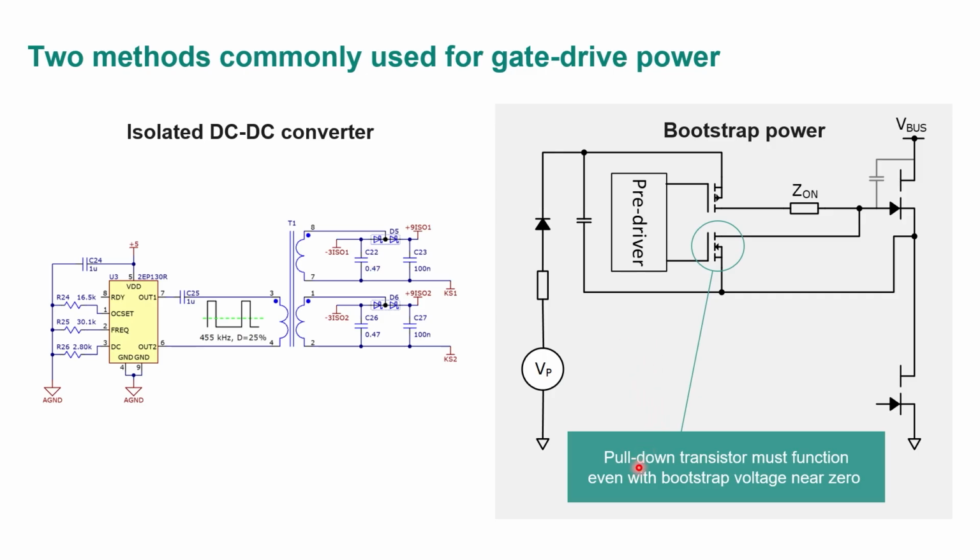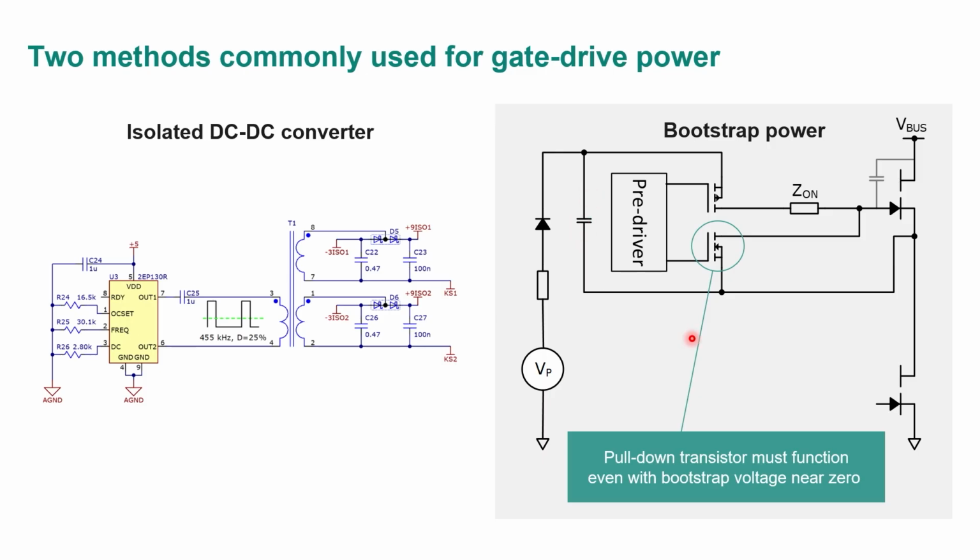The other way, particularly popular in low-cost designs, let's say AC adapters, things like that, is what's called bootstrap power. And that's where you have a temporary energy reservoir here, this capacitor. When I turn on the low side, I bring this point to approximately ground, and I then charge up the cap.